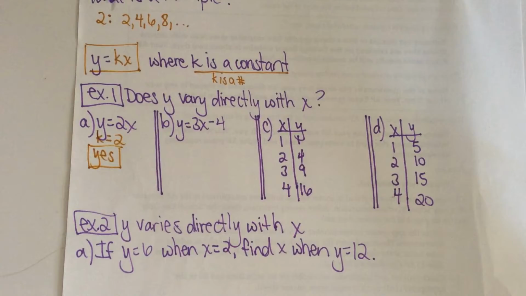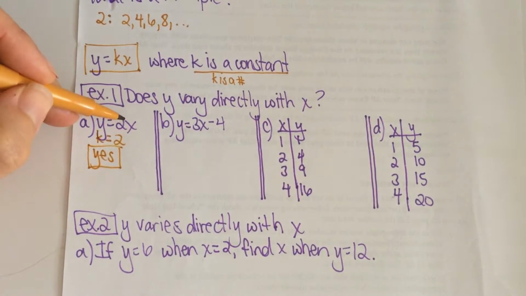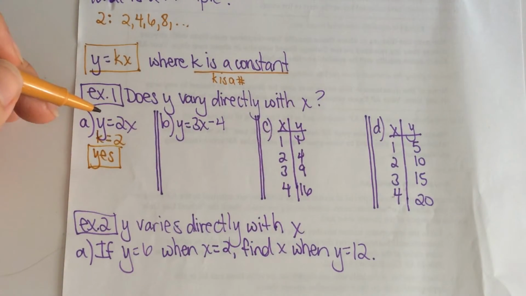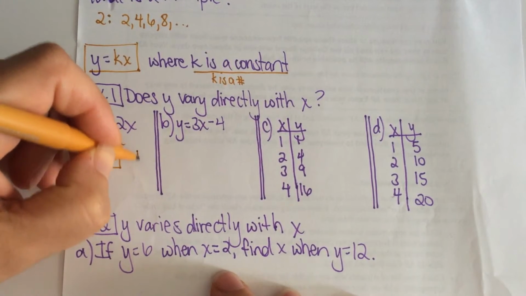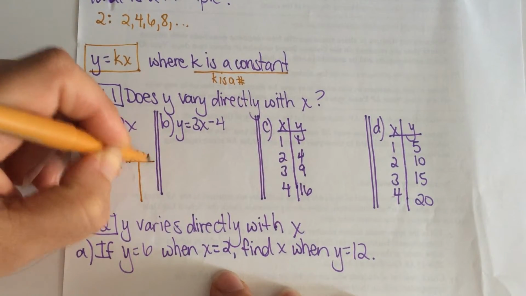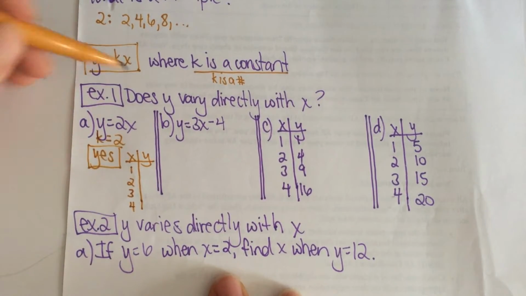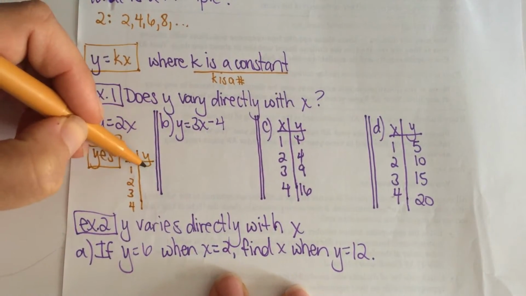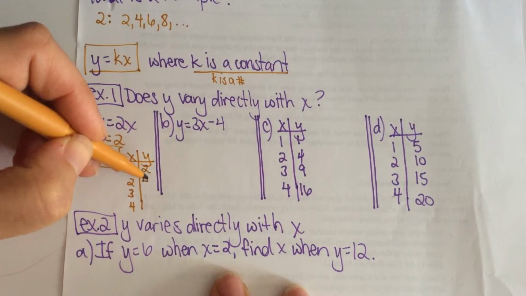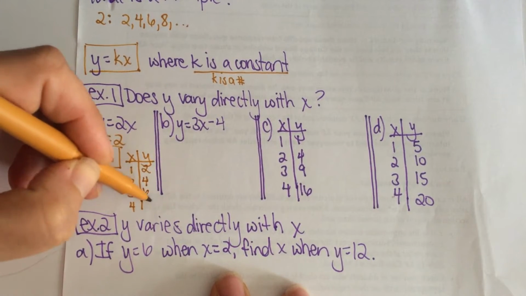Basically, I want to know, is y just x being multiplied by a number? So I want to think of some values. If I plug in like a 1 and a 2 and a 3 and so on, okay? If I plug in a 1, I get out a 2. If I plug in a 2, I get out a 4, and so on, right?